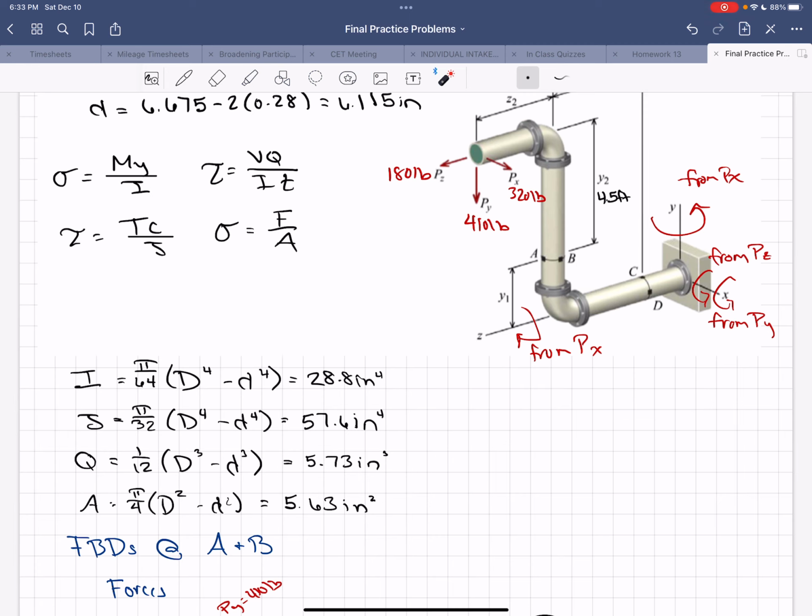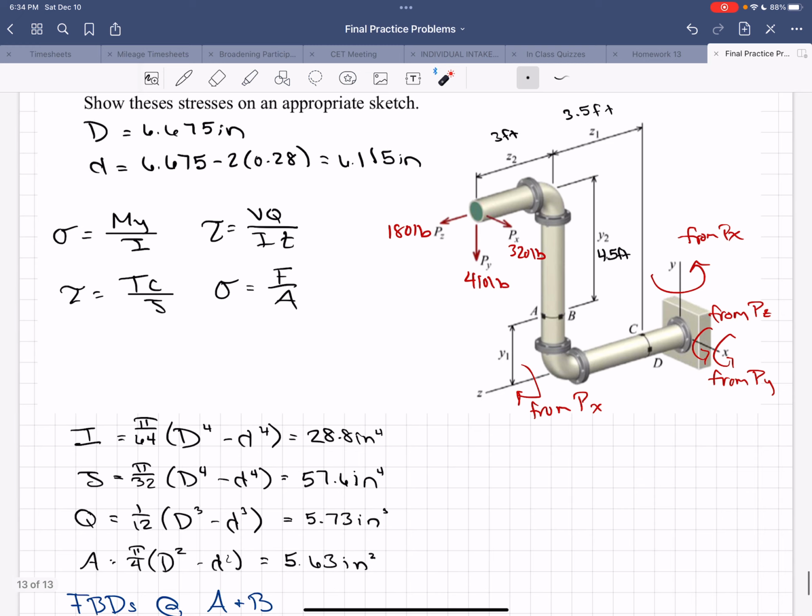Okay, but we have to add that to the moment from PY, which is going to be this 410 times 3 feet.